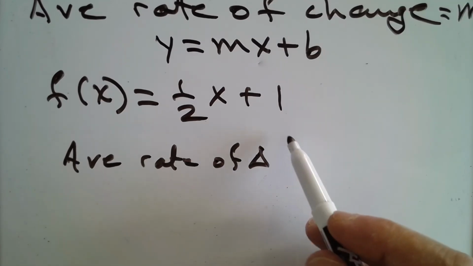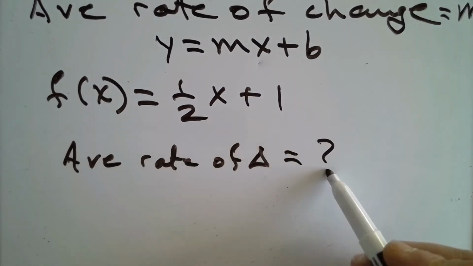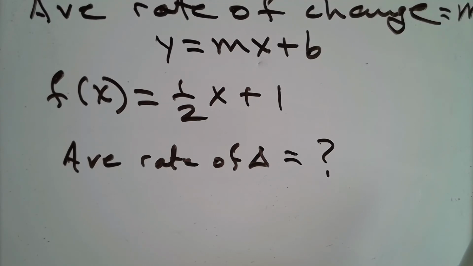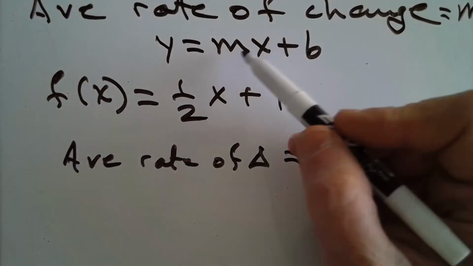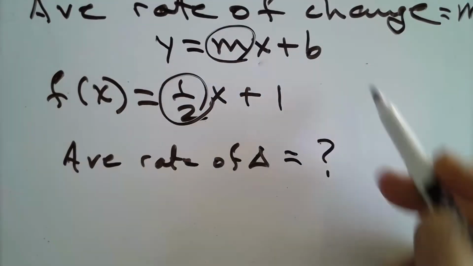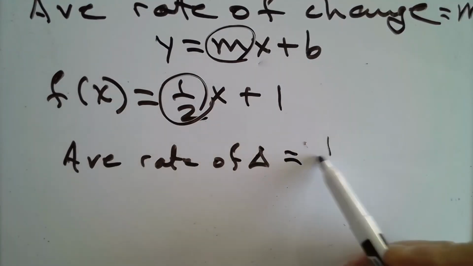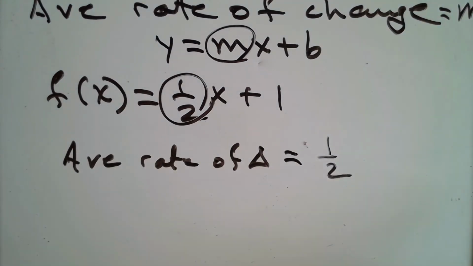Average rate of change for this equation would be what? Yeah, it's 1/2. It's nothing more than the slope. Okay, and that's our answer. And that's all there is. There's nothing to figure out there. It's just extracting the slope from the equation. Questions there?